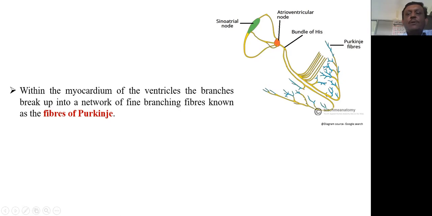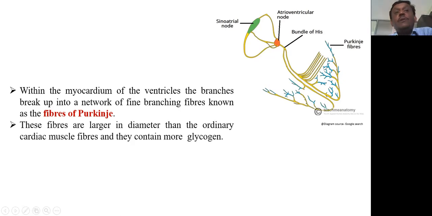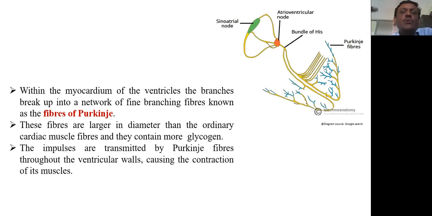So Purkinje fibers are larger in diameter than the ordinary cardiac muscle fiber. Ordinary cardiac muscle fiber has some thin fibers, but these are somewhat larger in diameter and they contain more glycogen. They store more glycogen. This impulse is transmitted by Purkinje fiber throughout the ventricular wall, causing the contraction of the muscles.